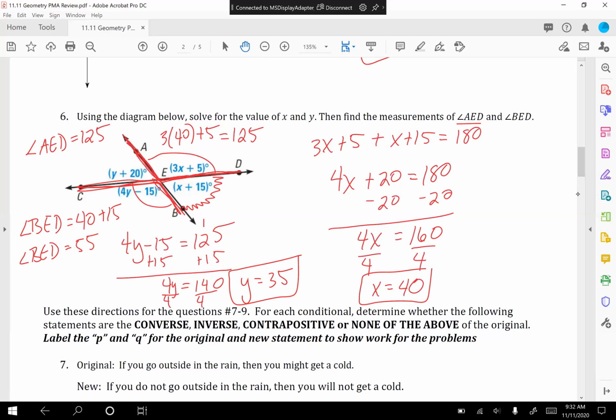So it's 55. And you should also notice that AED and BED, they should add up to 180, right? Because they're making that straight line. And does 125, if you add 55 to, do you get 180? Yes.